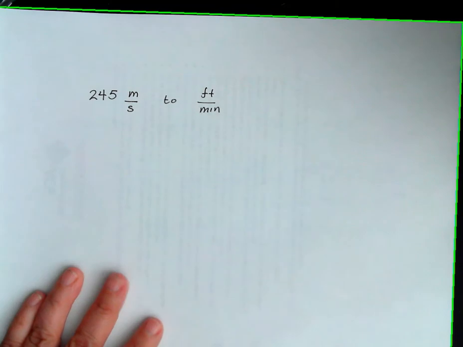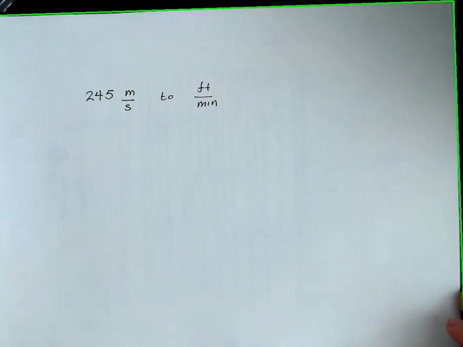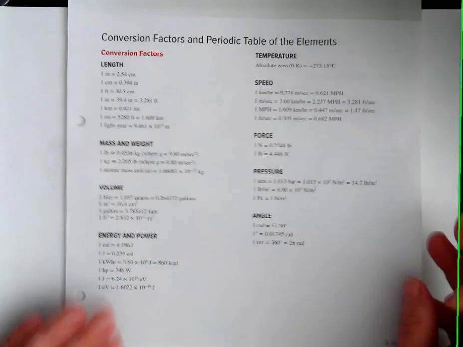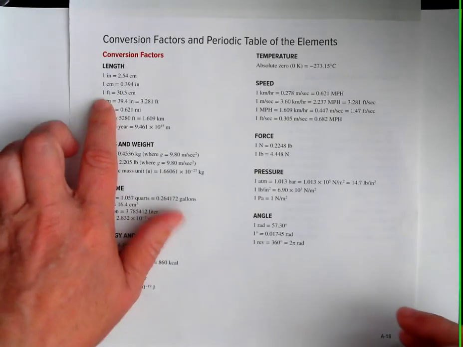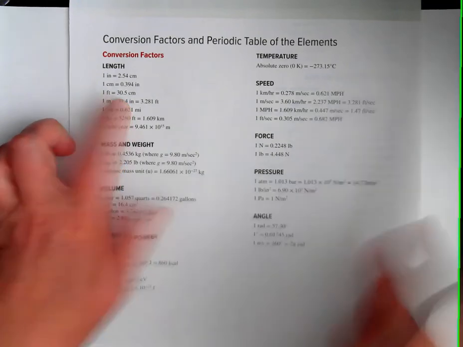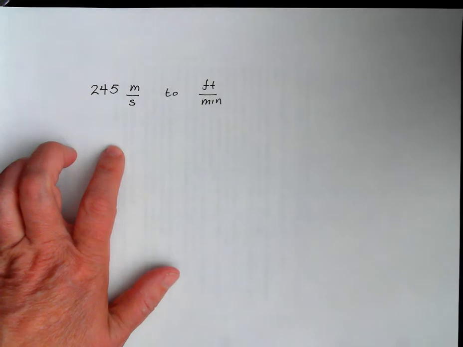I want to actually make that conversion, 245 meters per second to feet per minute. So let's get our conversion table out. I have 1 foot is equal to 30.5 centimeters. So we'll use that one. I have that conversion factor.